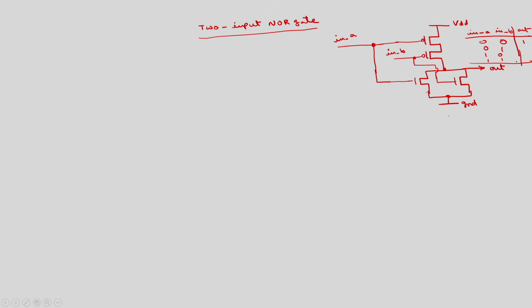So, for any other case 1 plus anything is 1, 1 bar is 0. So, if all the inputs are 0, output should be 1. If any one of the input is 1, output should be 0. Okay. So, you can easily verify the operation similar to that of the NAND gate.